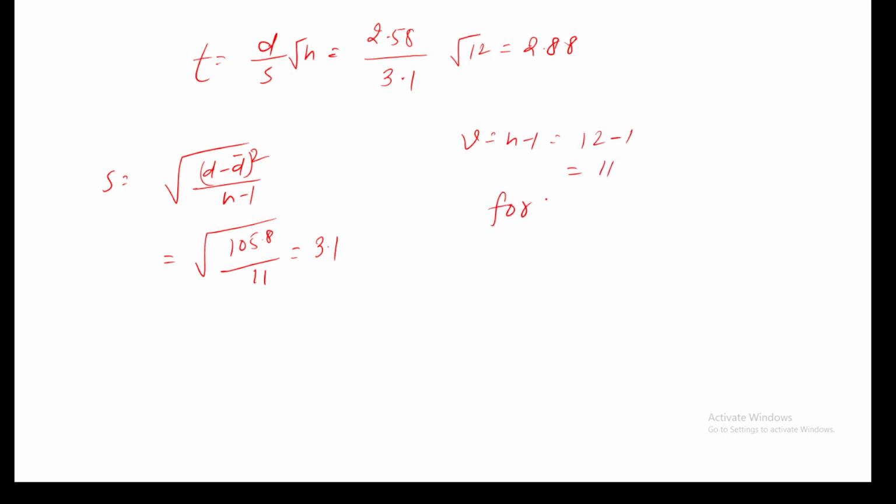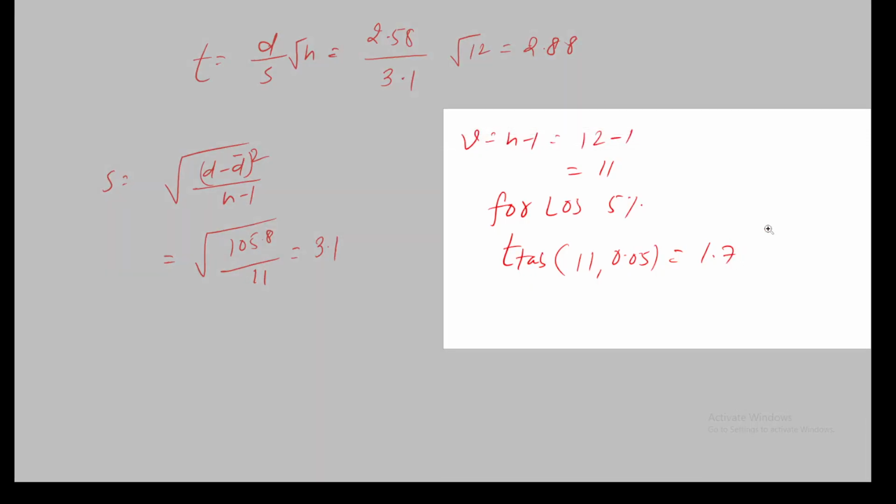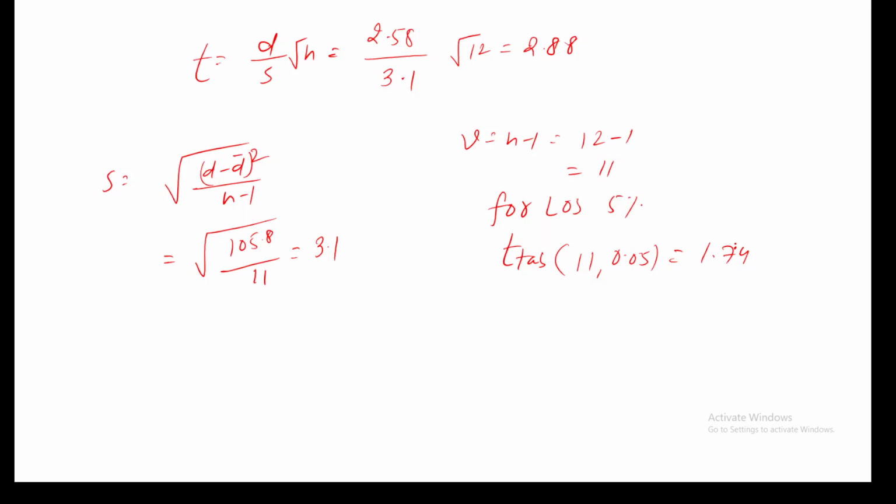For level of significance 5%, the t table will go with 11 degrees of freedom and 0.05. It will be somewhere around 1.796.